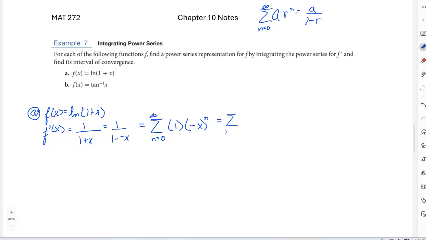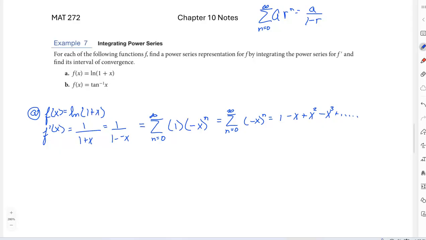And I can write that as a sum from n equals 0 to infinity of negative x raised to the n. If I were to expand this, I would get 1 minus x plus x squared minus x cubed and so on. Our goal is to figure out a power series for ln of x.